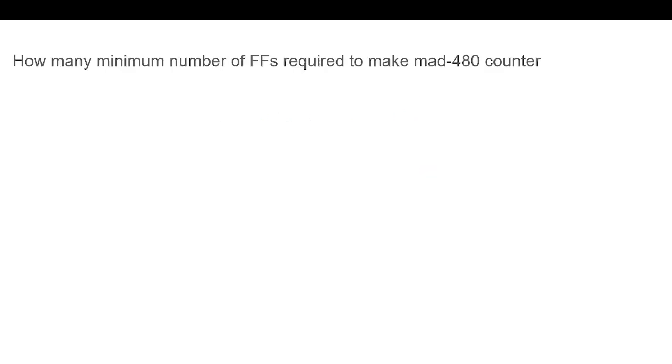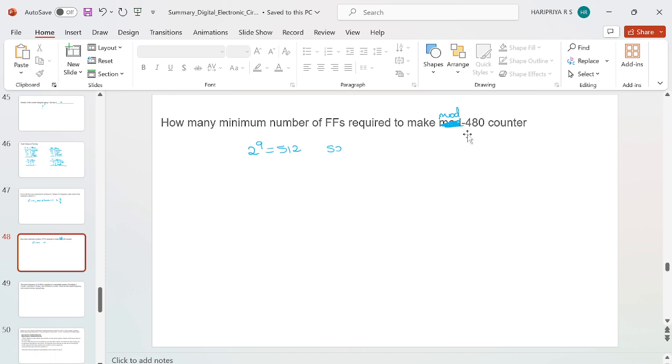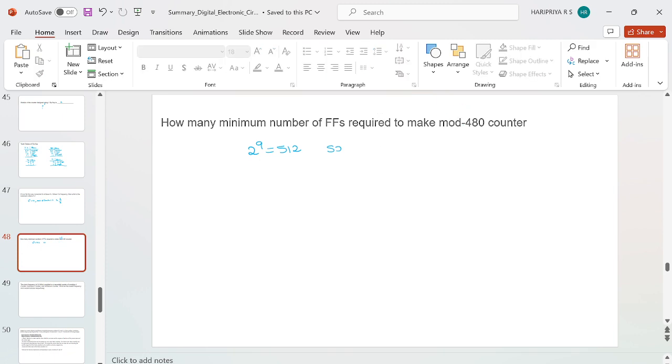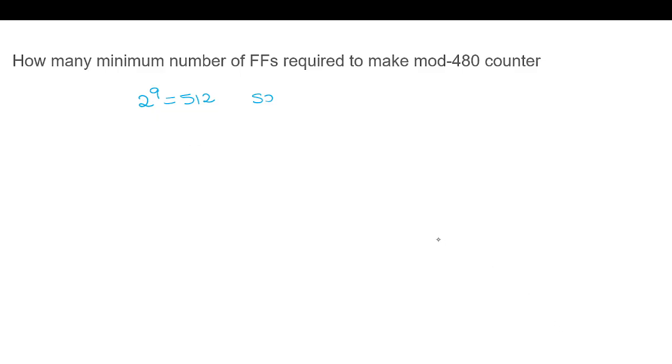Next, how many minimum number of flip-flops are required to make a mod 480 counter? 2 to the power 9 is 512 and 2 to the power 8 will be less.